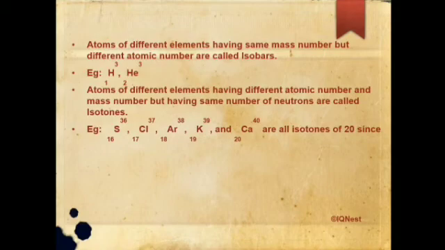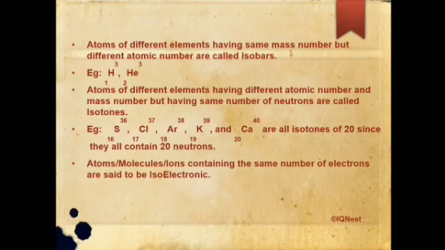These are all isotones of 20 since they all contain 20 neutrons. These elements have different atomic numbers and different mass numbers, but if you subtract the atomic number from the mass number, you get the number of neutrons, which is equal to 20. That is, all are the same. So that is called isotones.